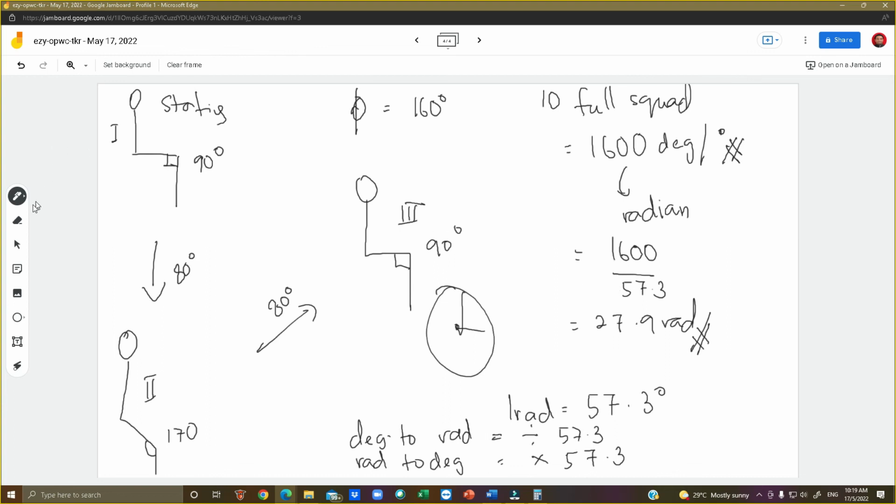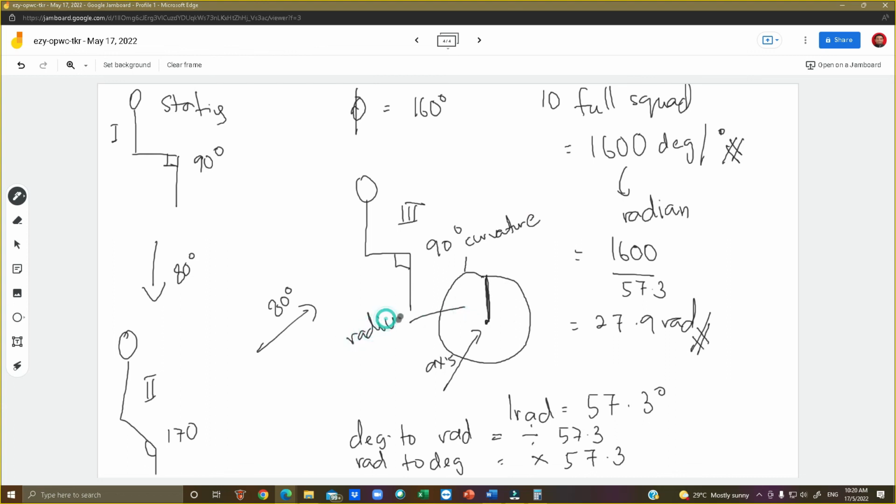Okay, now why 1 radian 57.3? To have an exact answer, please search on your own dekat YouTube. Ada je jawapan dia. Okay, I am going to give you one simple reason. Okay, this one, from the axis of rotation, okay, to the curvature, this is known as radius.